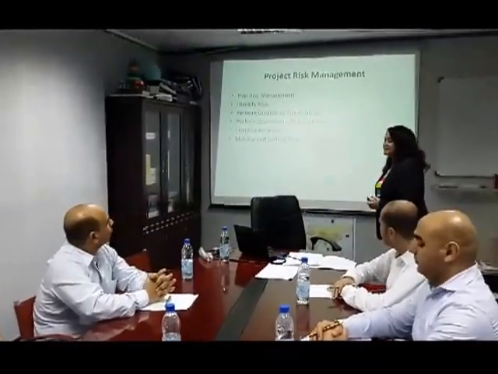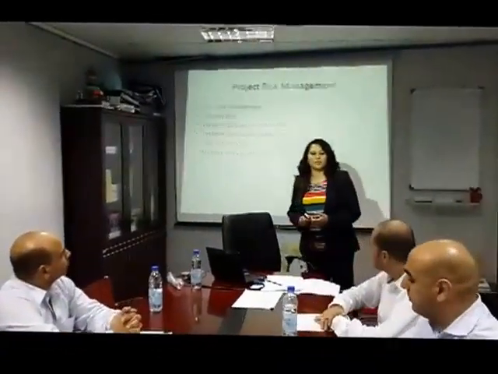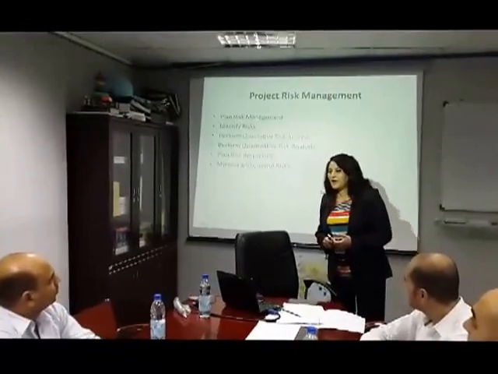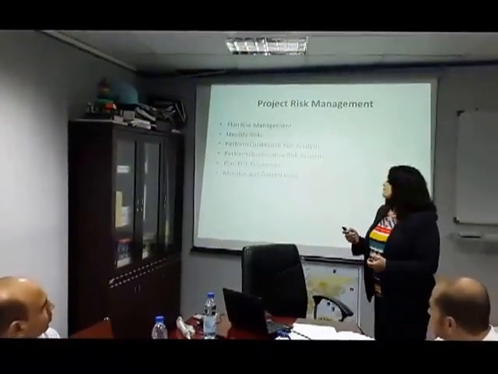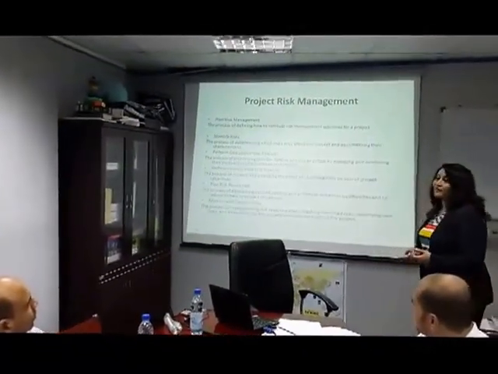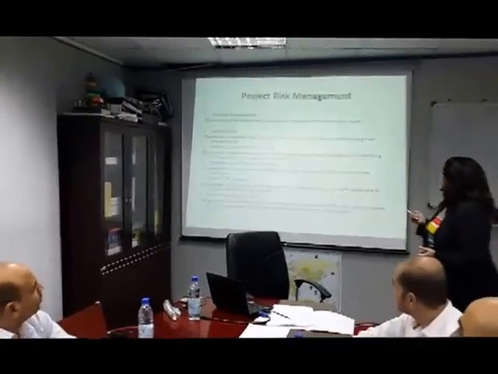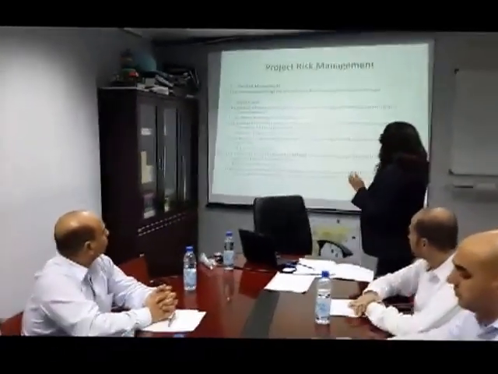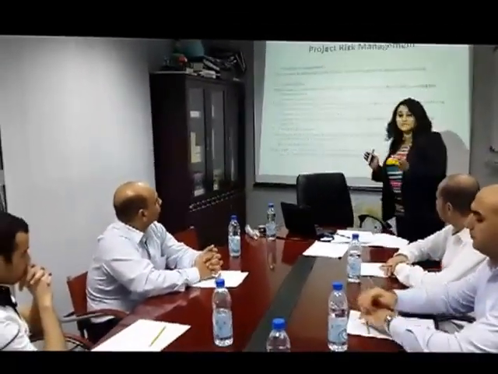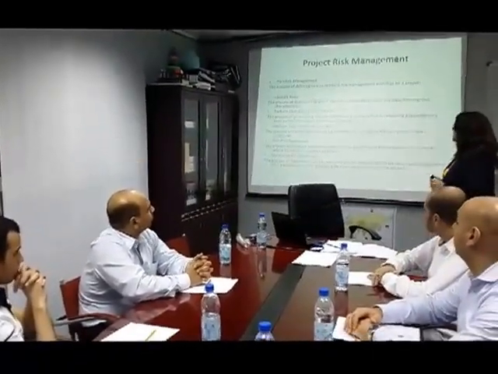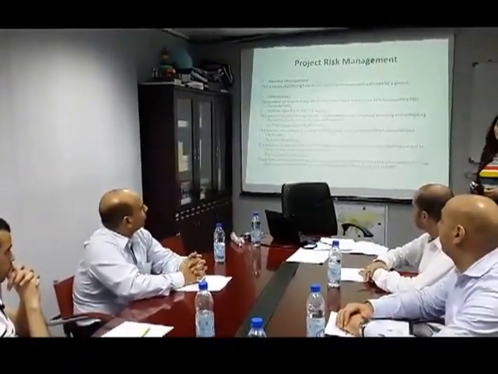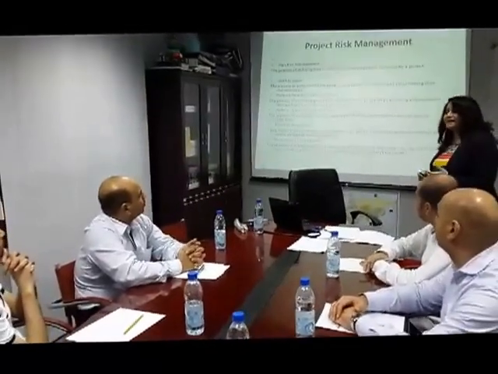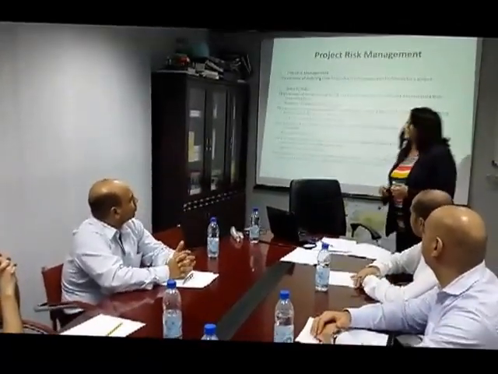And then comes identify risks, where we identify all the risks that we can, and we make sure that we document them in the risk register, along with their characteristics, so that we can use them later to perform qualitative risk analysis and maybe quantitative risk analysis.